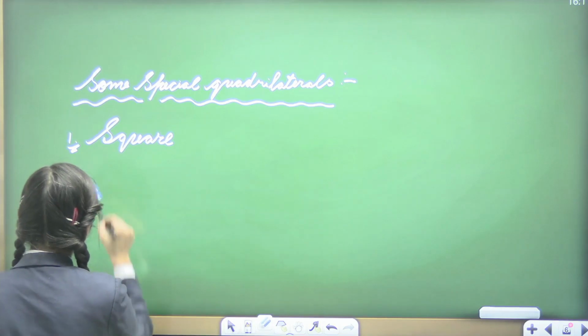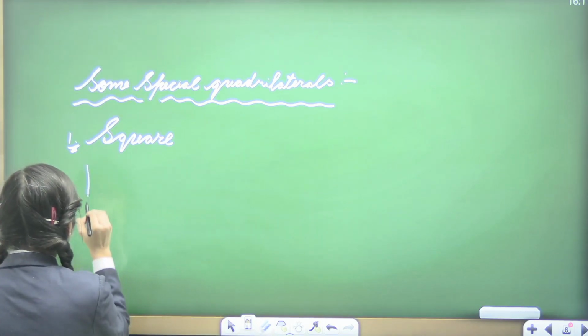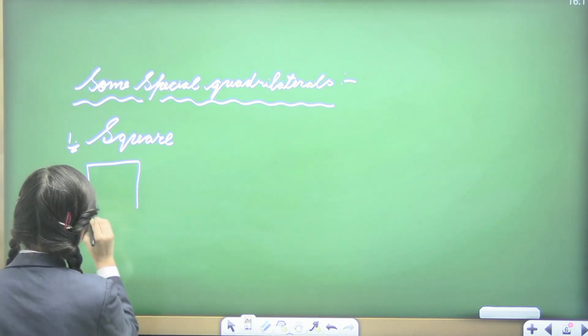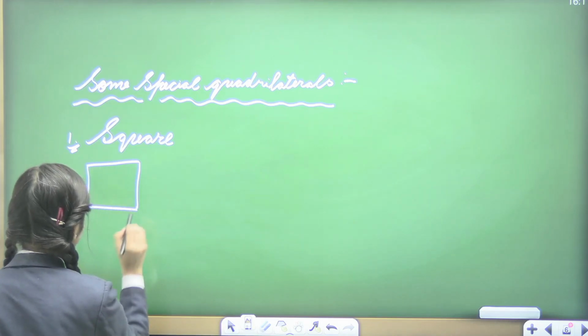Like we all know that a square is also a four-sided polygon.